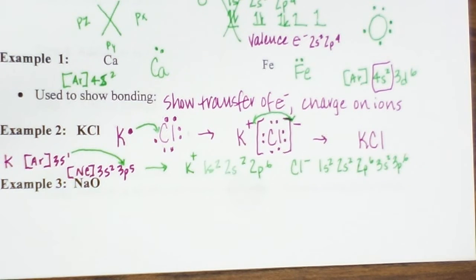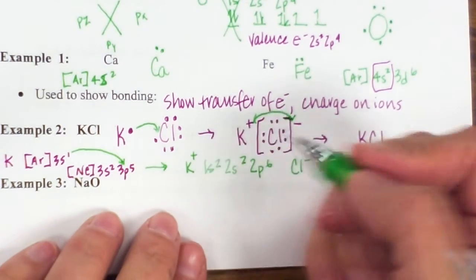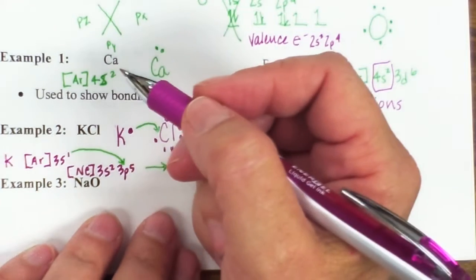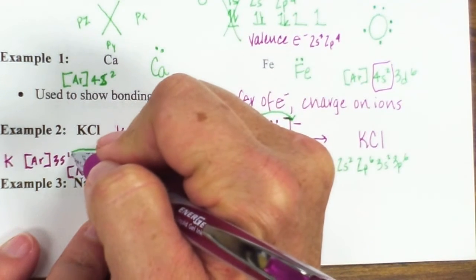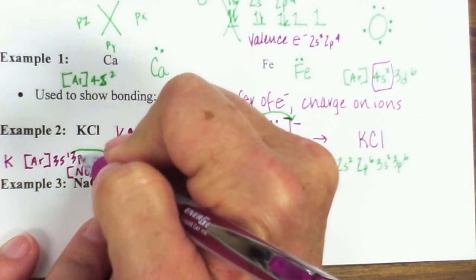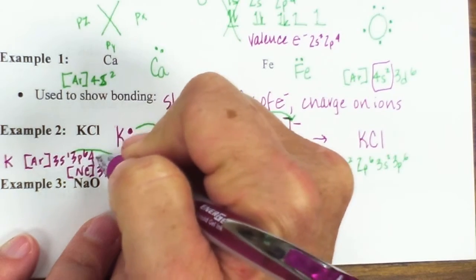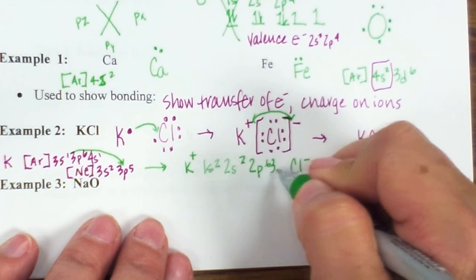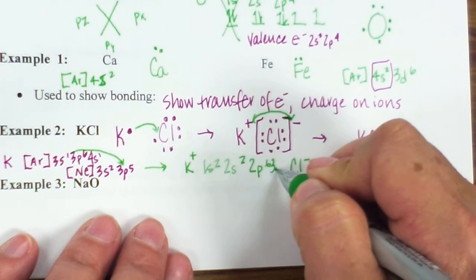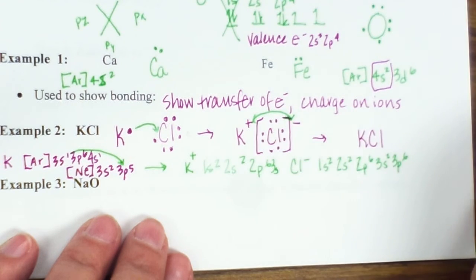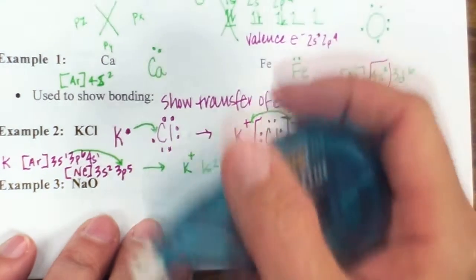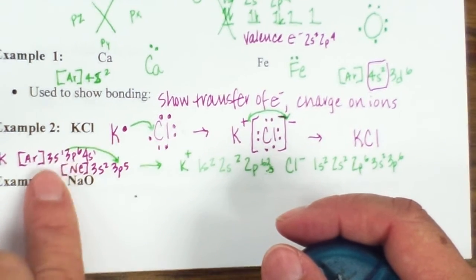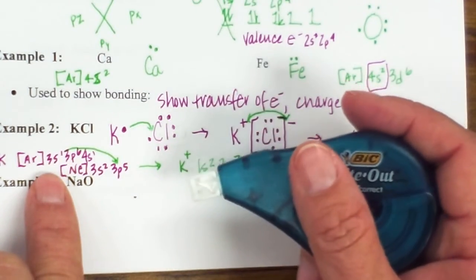Sorry. Why did I not go up higher to begin with? That is the question. So this would be 3p6, 4s1, so it should have just been argon 4s1.